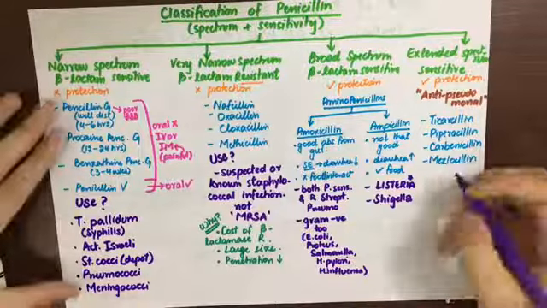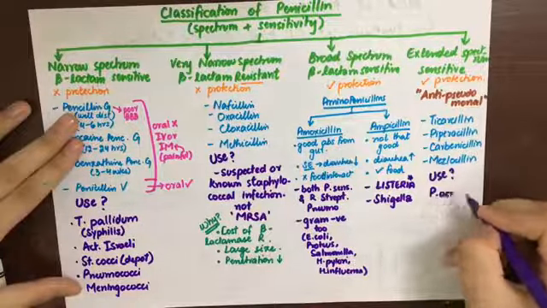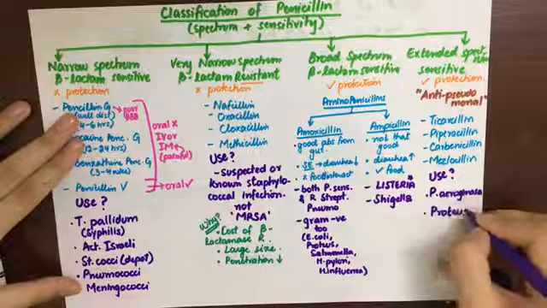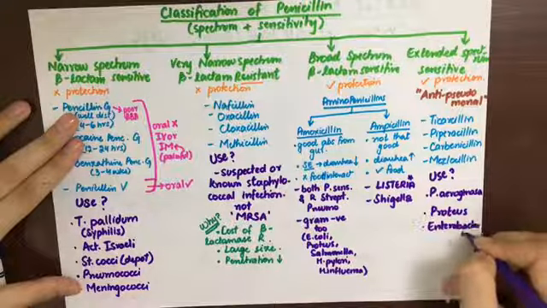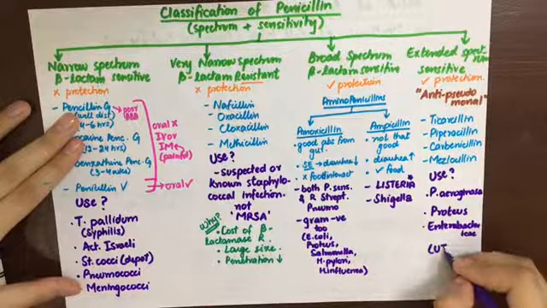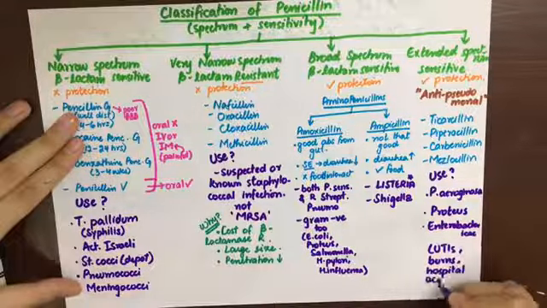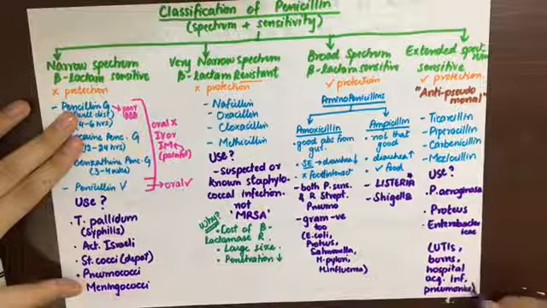They include ticarcillin, piperacillin, carbenicillin, and mezlocillin. Their use will, of course, include Pseudomonas aeruginosa infections and also Proteus and Enterobacteriaceae family. They will chiefly treat the UTIs in the burn patients and hospitalized patients, and also hospital-acquired pneumonia by these agents.